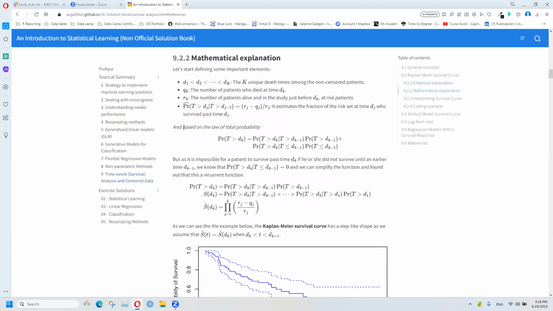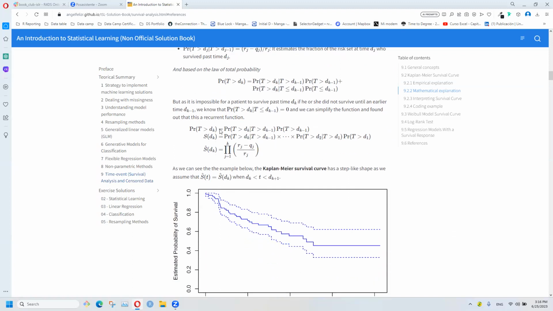And based on the total probability, we know that the second term would be 0. Is it possible for a patient to survive past time D if he or she did not survive until an earlier time? No, so we don't need the second term.